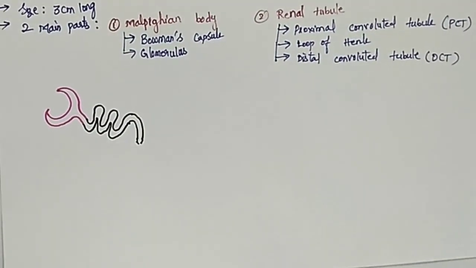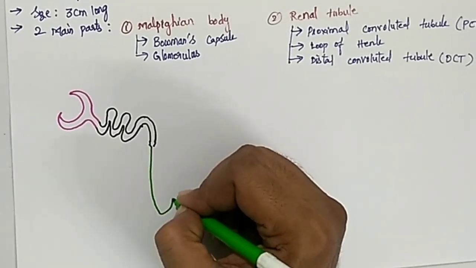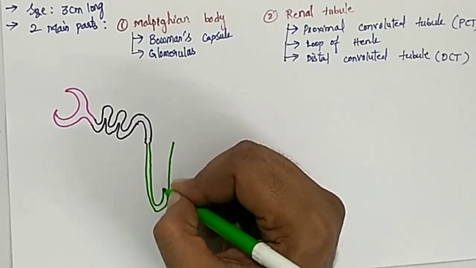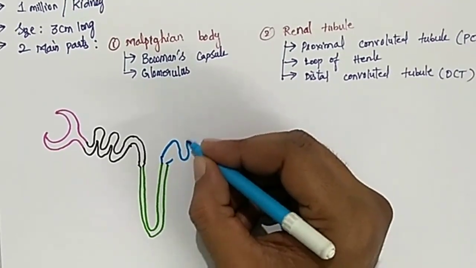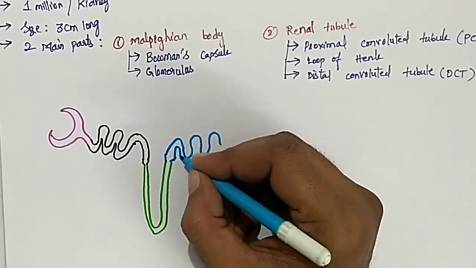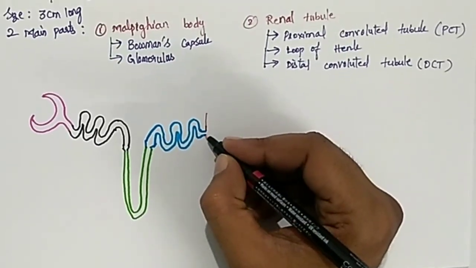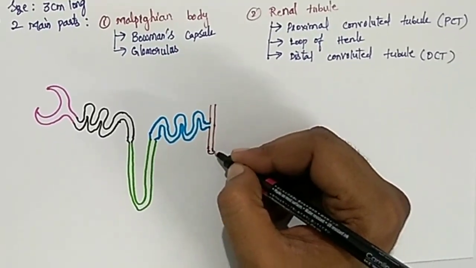Then the next structure is the loop of Henle. One more structure we have here: these are the DCT, distal convoluted tubules. So these structures are collecting tubes.